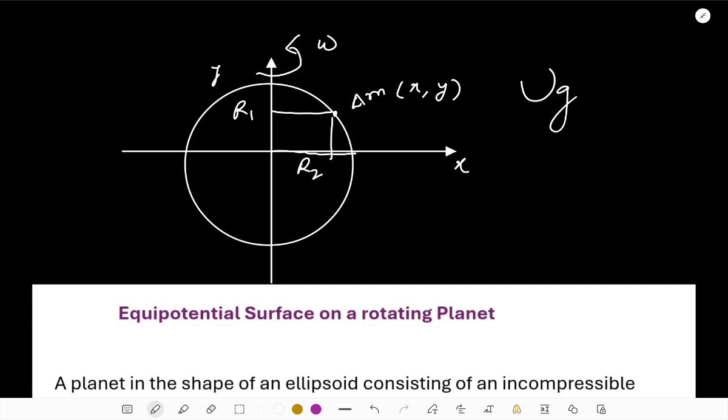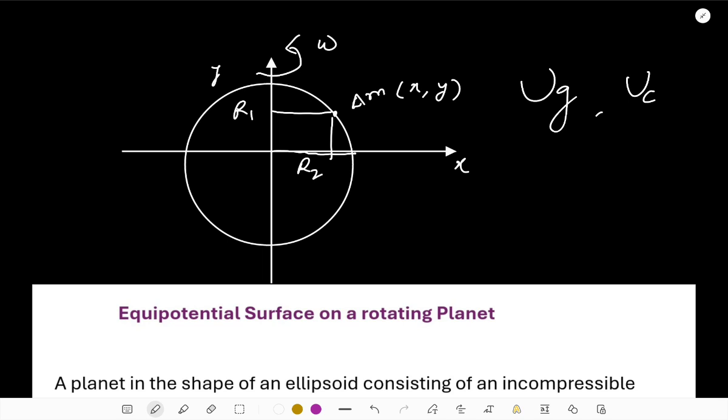Well, centrifugal forces are conservative, I know. So I can also relate a potential energy to the centrifugal force acting on a fluid element, and I would like to call it UC simply.